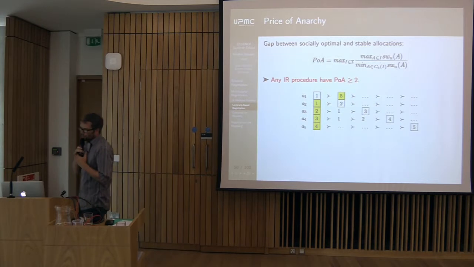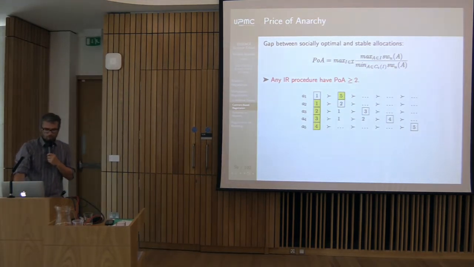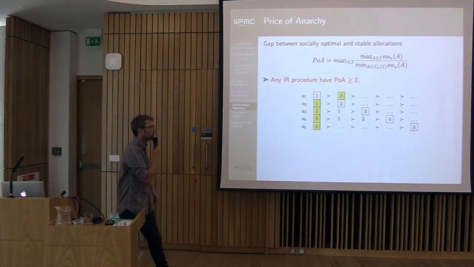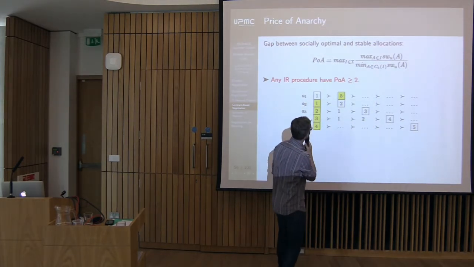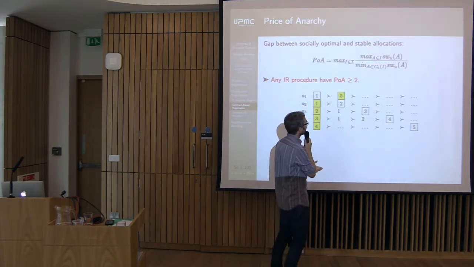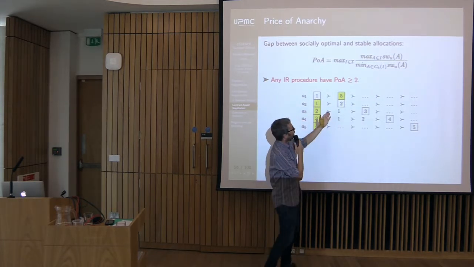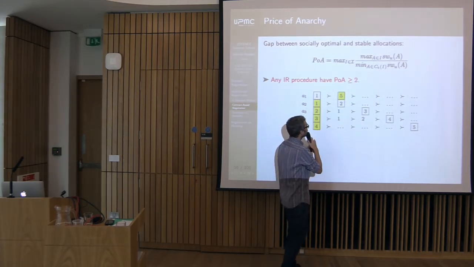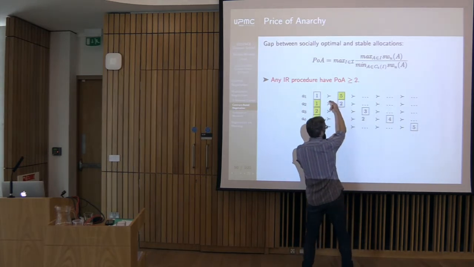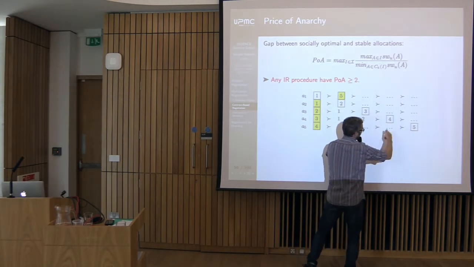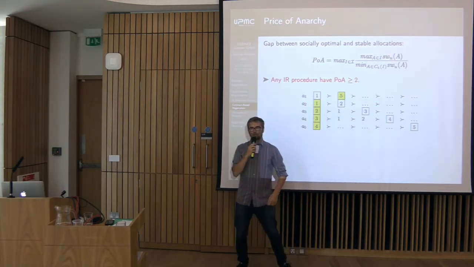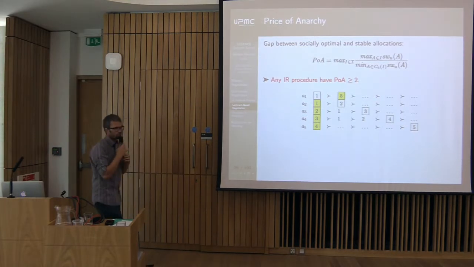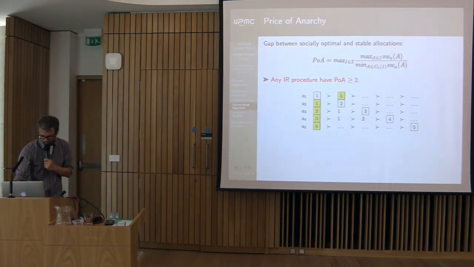Right, so it means that I have a situation where I can be in an allocation where I cannot move if I respect this rationality principle, but still I am at a ratio of 2, because this would be a social welfare of n squared over 2, because you can do the sum of these different values here, and that would be half of the, well, graphically it's obvious.